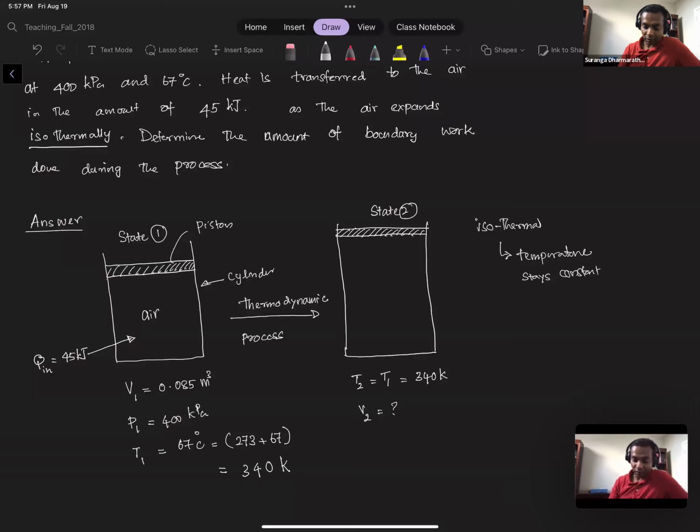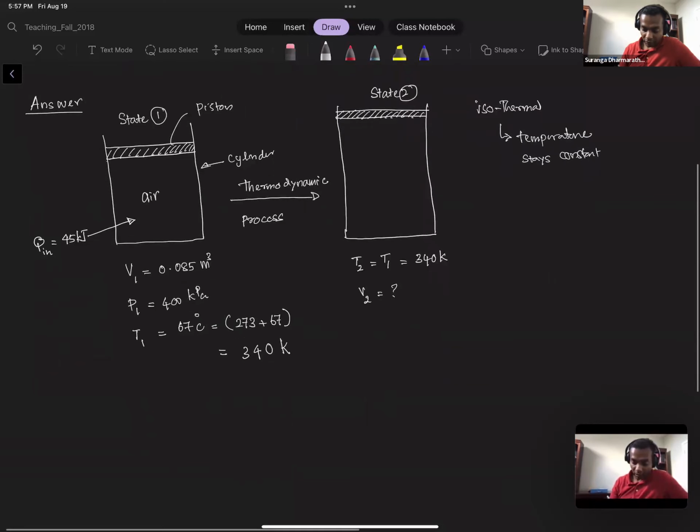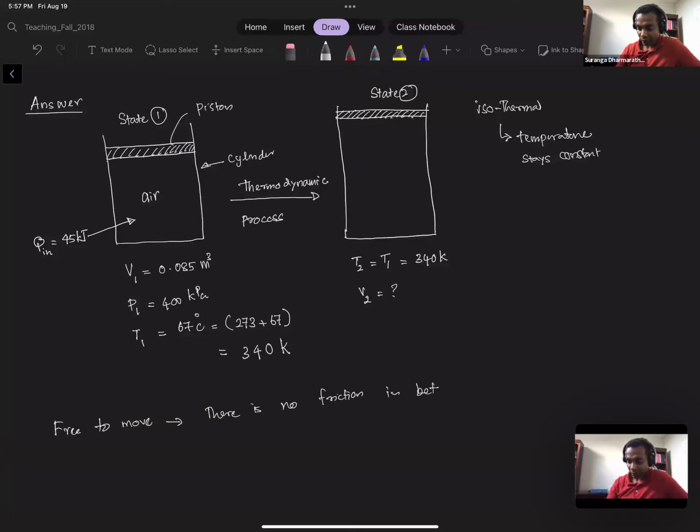Now think about the piston being free to move. What do we mean by free to move? Free to move means that there's no friction in between the piston and the cylinder.